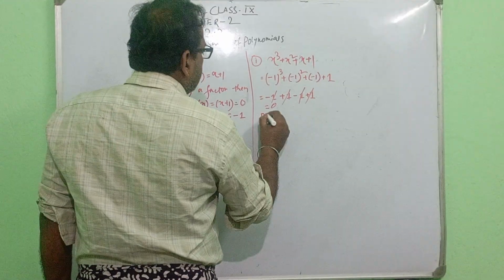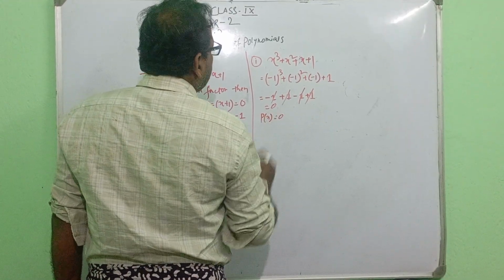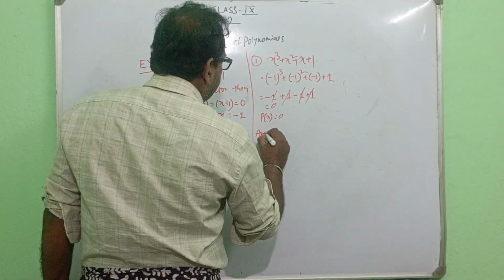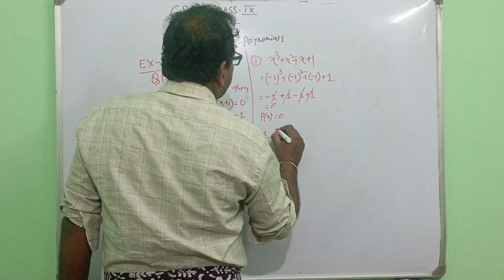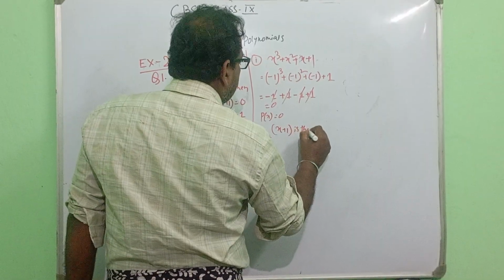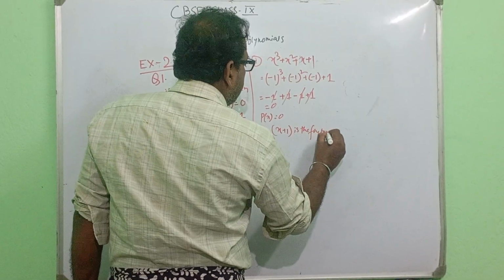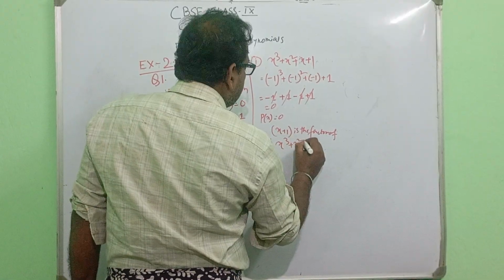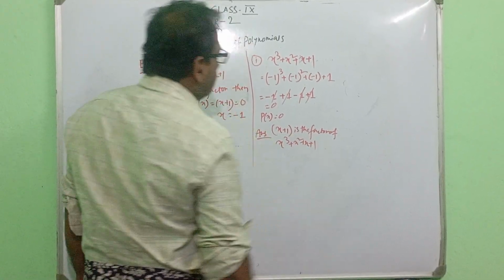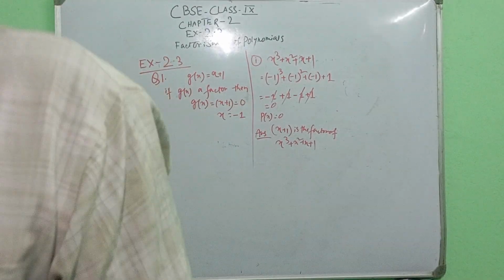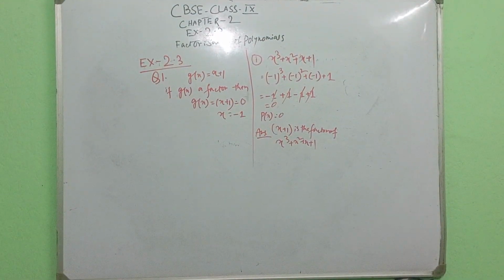Then p(x) is also 0. In answer, x plus 1 is the factor of x cube plus x square plus x plus 1. Is it okay?